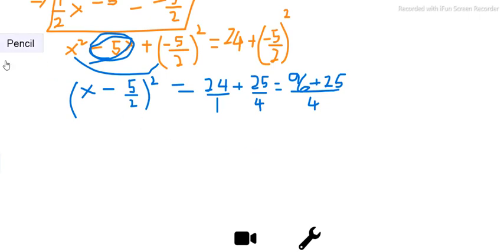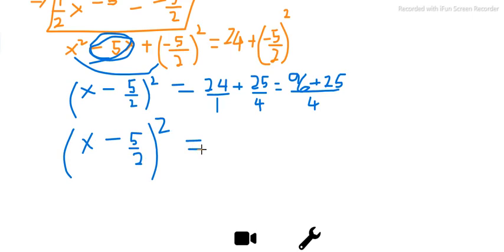So on this side we have x minus 5 over 2 all squared equals, and adding this and this will give us 121 divided by 4. We have completed the square now.